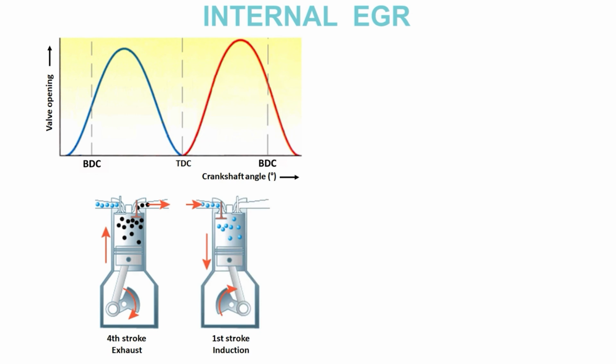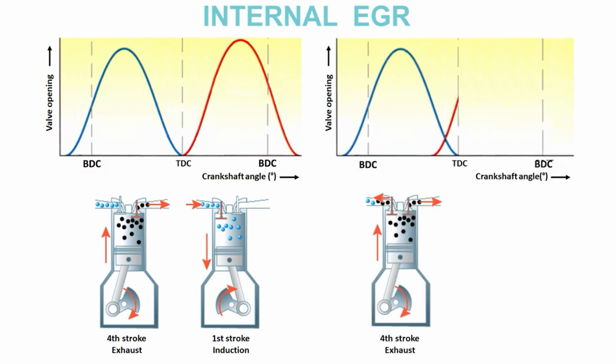When the partial load state occurs, the conditions are created to start the internal EGR. The system rotates the intake cam to achieve an earlier opening of the intake valve at the end of the fourth stroke during inert gas discharge. In that case, the inert gas is diverted not only through the exhaust pipe, but also into the intake manifold.